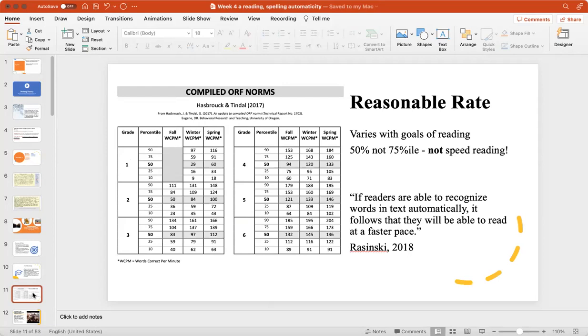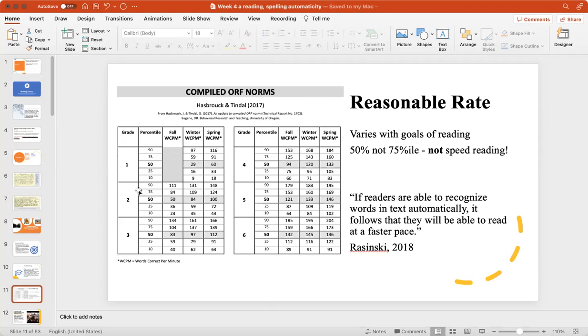On the left of this slide it says grades, and then there are percentiles: 90, 75, 50, 25, 10. What Tindal and Hasbrook are saying is that an appropriate rate is the 50th percentile. So for first graders, in the winter, that's 29 words correct per minute, and in the spring it doubles to 60 words per minute.